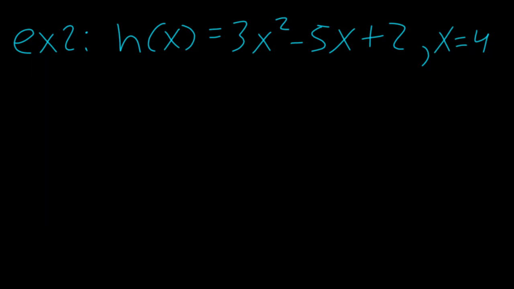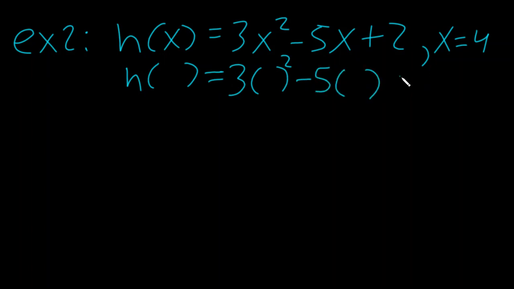Once again, how would I encourage you to start this problem? I would have you write it where you leave out everything except for the x. So 3, and instead of x squared, we'll write parentheses squared minus 5 parentheses plus 2.